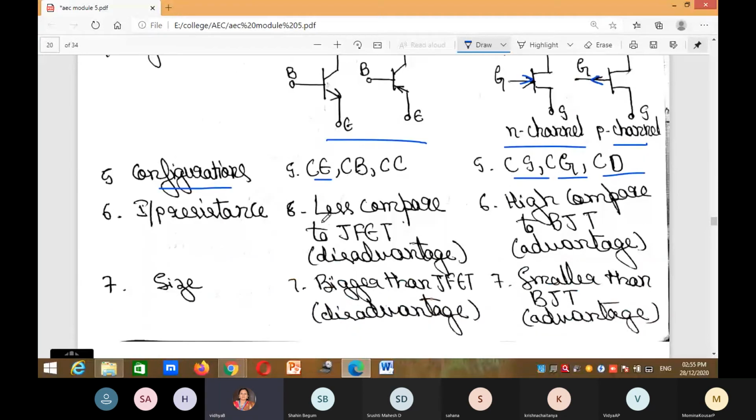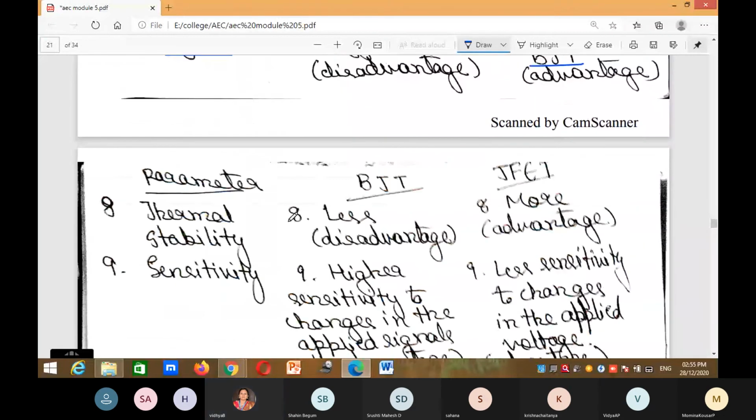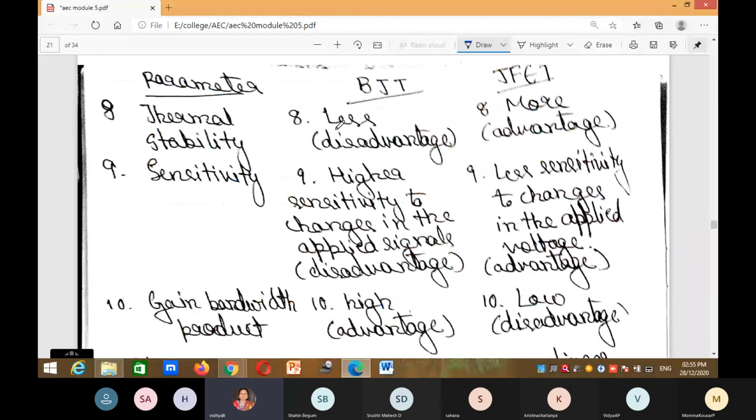Input resistance is less in BJT compared to JFET, which is high compared to BJT. What about size? Bigger than JFET, smaller than BJT. Thermal stability: in BJT, thermal stability will be less. In JFET, it will be more.